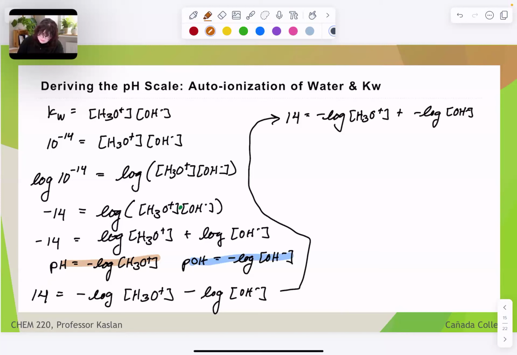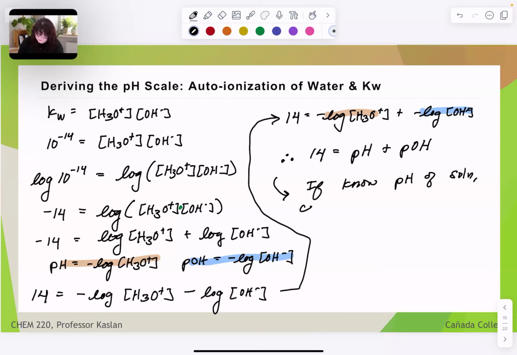So I can perform a little substitution and arrive at the conclusion that therefore, 14 is equal to pH plus pOH. And the utility of this is if you know the pH of a solution, we can find the pOH of the solution using this and vice versa.